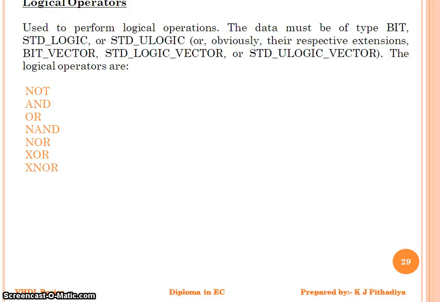Now the logical operators, used to perform logical operations. As we have seen, the logical operations are not, AND, NAND, NOR, XOR, XNOR, and the data must be of type bit, std_logic, std_ulogic and onwards.